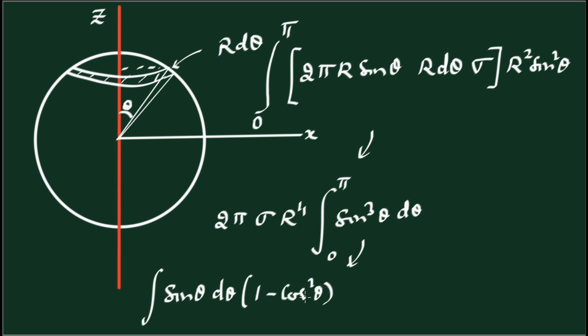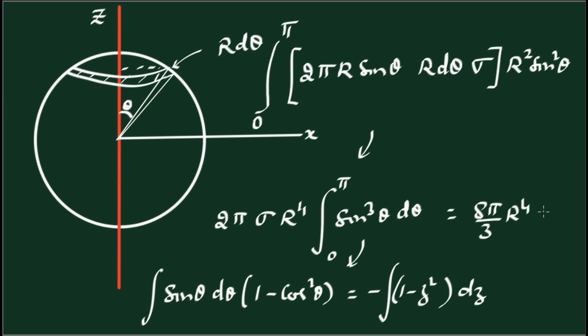If I put cos theta as z, this becomes 1 minus z squared. Sine theta d theta is derivative of cos theta with a minus sign. So minus dz. So I'll let you finish this integral and substitute the limits, and finally you'll get the same answer, 8 pi by 3 r to the power of 4 sigma.